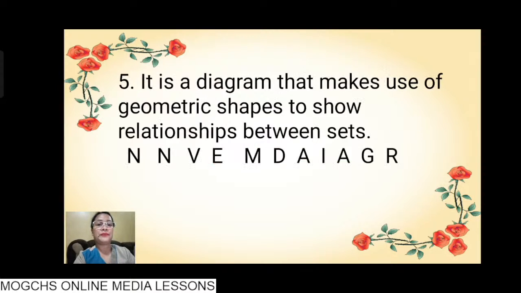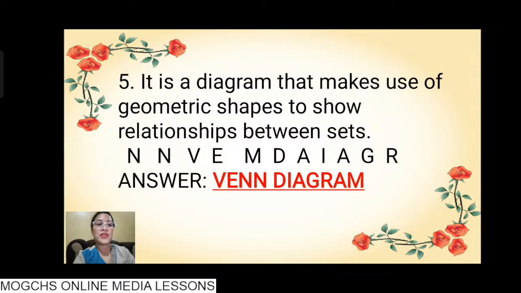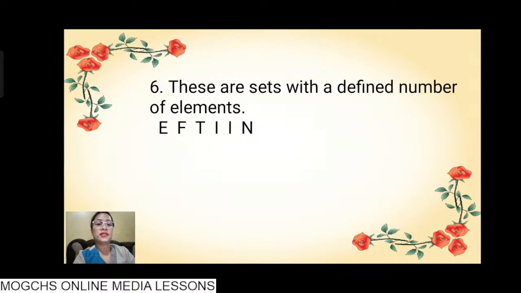Number 5. It is a diagram that makes use of geometric shapes to show relationships between sets. The answer is Venn diagram. Number 6. These are sets with a defined number of elements.